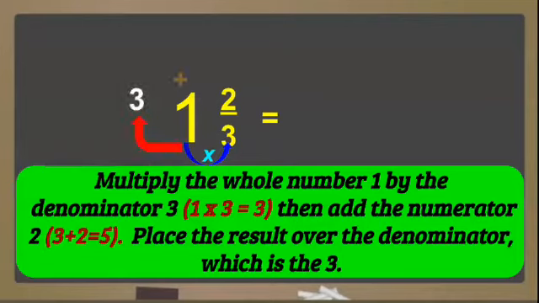Then add the numerator with our 3 and we'll get 5. Remember, we're placing that 5 over our denominator 3. So here we got back our 5 over 3 or 5/3 from our mixed fraction 1 and 2/3.